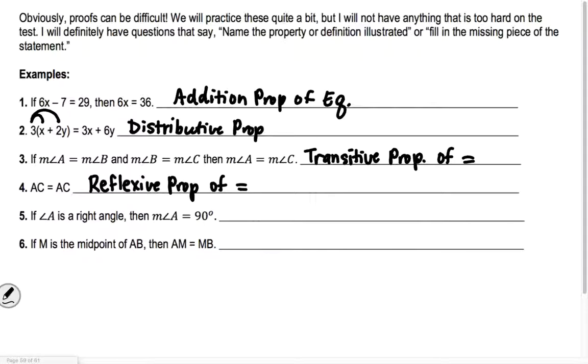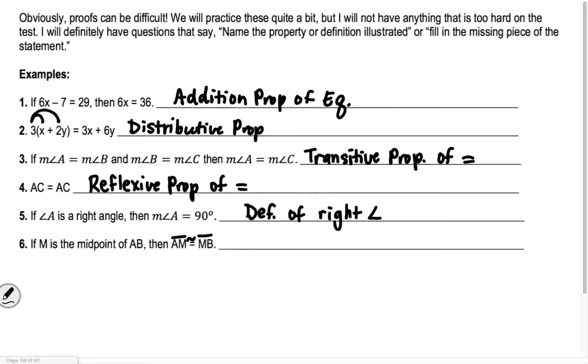All right, if angle A is a right angle, then measure of angle A equals 90. Cassie, what do you think this says? Definition of right. That's totally what it is. I was trying to trick you. Definition of a right angle. So it's one that we haven't really used yet, but we know that. Colin, put it away. All right, if M is the midpoint of AB, then AM is equal, I should say, let's do congruent.